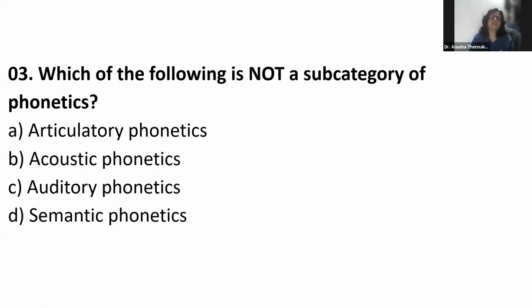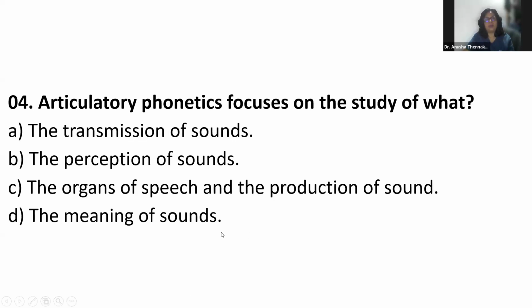Next one. Yes, your answer is correct. D. There is no subcategory of phonetics called semantic phonetics. It's wrong.